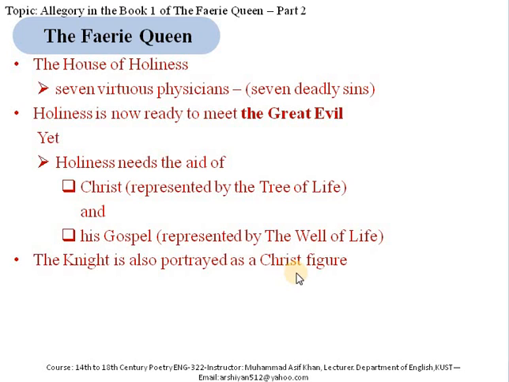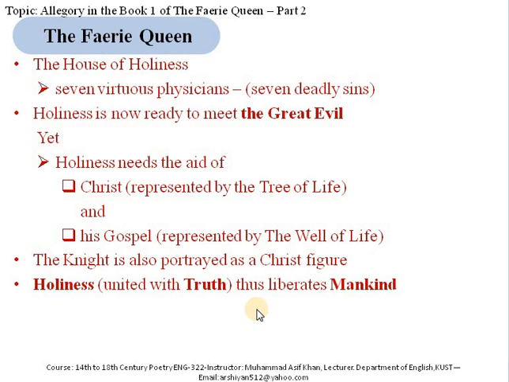Just as Christ had to descend to hell to defeat it, Red Cross had to enter the hellish mouth of the dragon to finally kill it. In the same way, Christ had to descend to hell to defeat the great evil. So holiness thus liberates mankind, represented by Una's parents, from the captivity of the great evil.